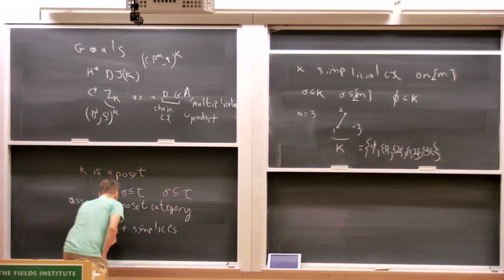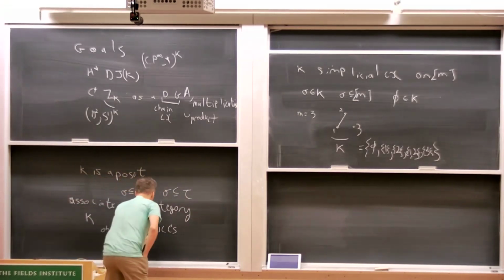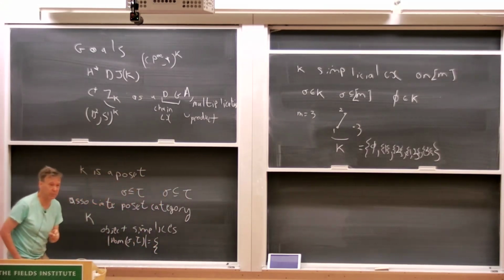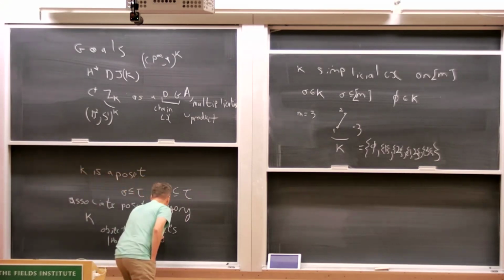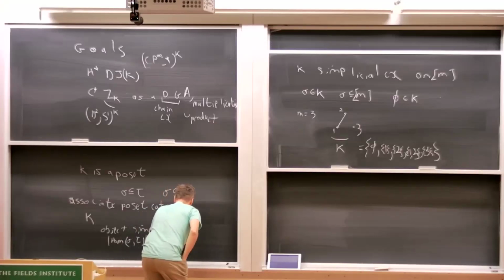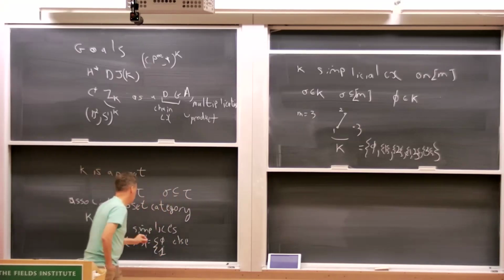So Hom of sigma comma tau would be either empty, or, looking at the number of elements in that set of maps, it would be of size 1. There's a unique map if sigma is a subset of tau.